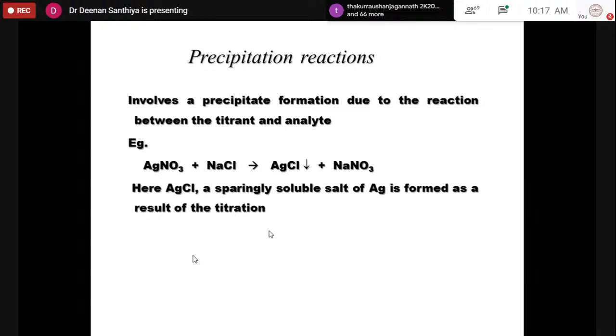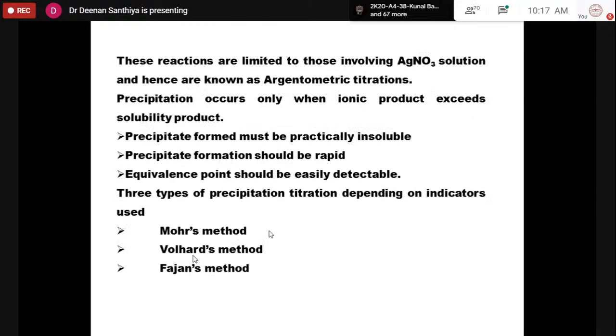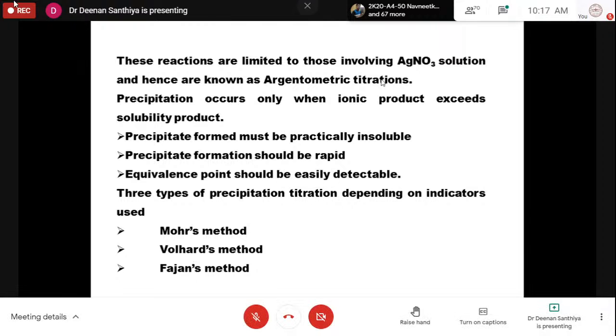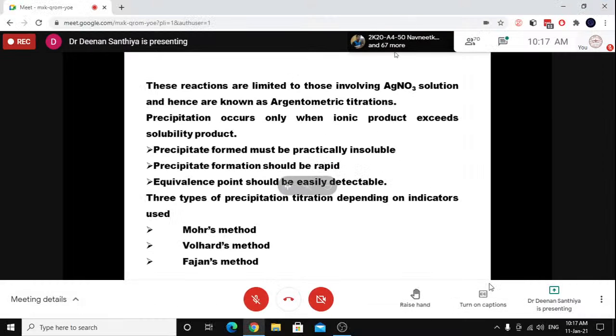Examples of primary standard substances are crystalline oxalic acid, silver nitrate, and Mohr's salt. These reactions are limited to those involving, especially, precipitation titrations, mostly involving silver nitrate.